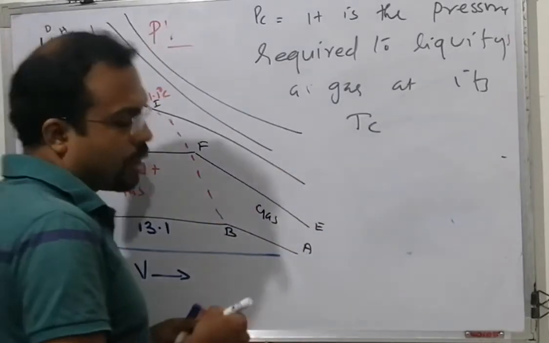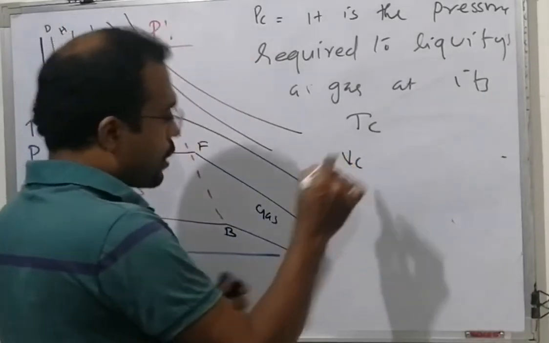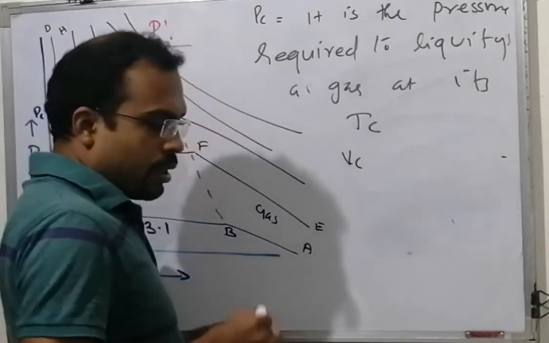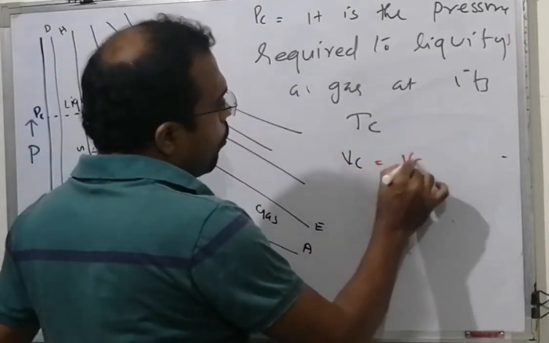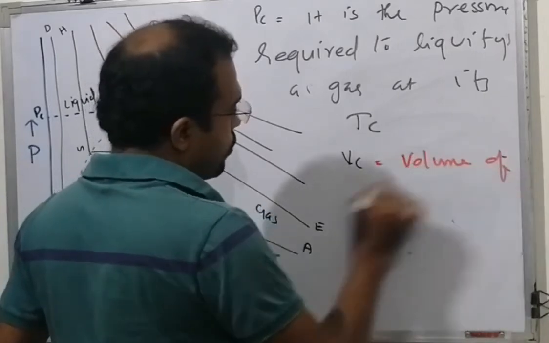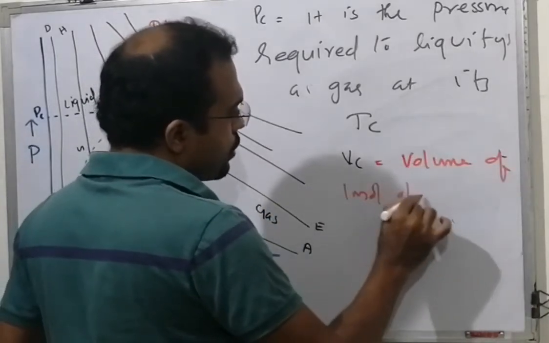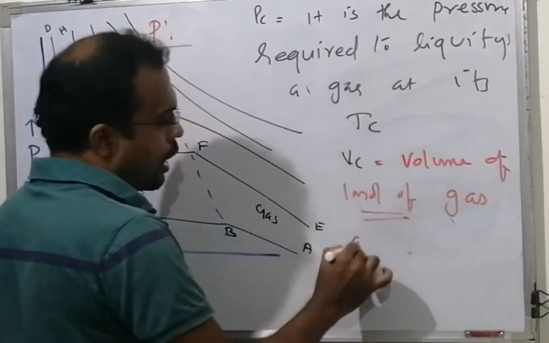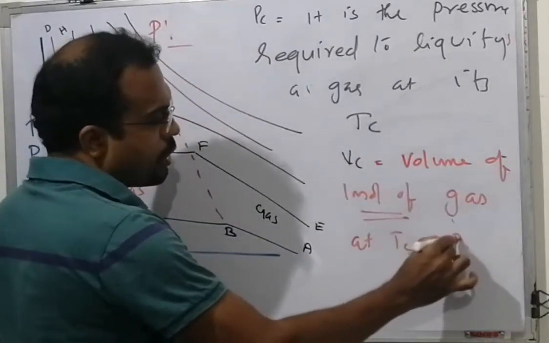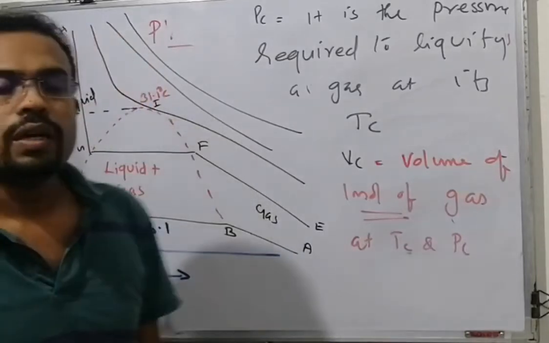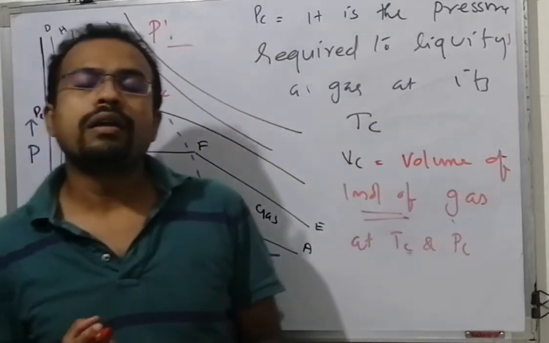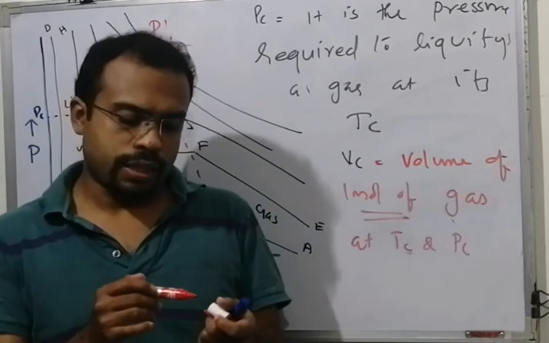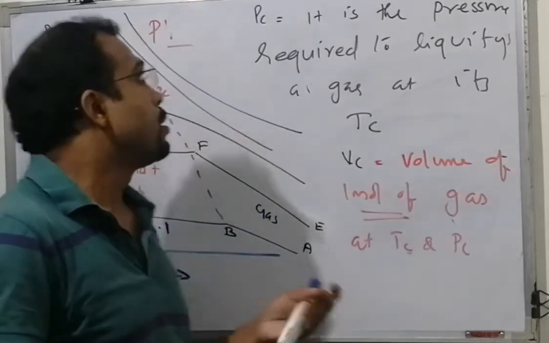Now there is one more concept, critical volume. It is the volume of 1 mole of gas at critical temperature and critical pressure.